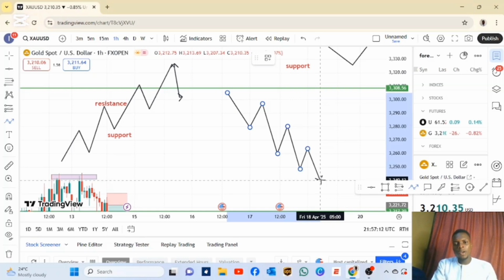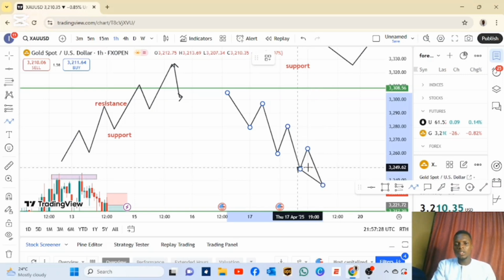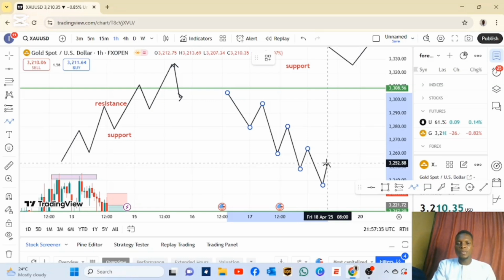This market will keep on doing this, keep forming lower lows and lower highs. As long as the market closes below this level, this market will keep on going down. But the moment this market breaks above this level and the candlestick closes above it, this market is no longer in a downtrend.